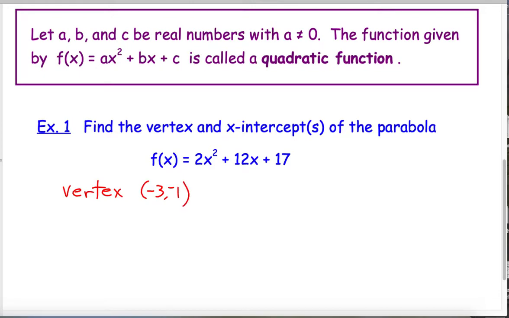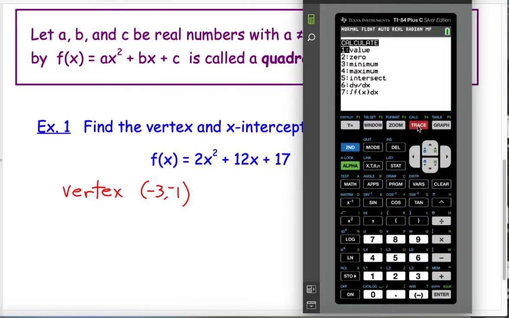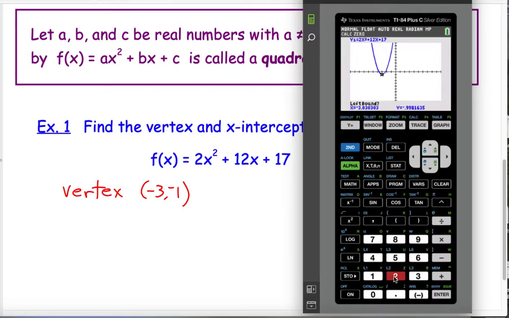Now the x-intercepts I can also do on the calculator. I'm going to press second trace to get to the calculate menu. An x-intercept is a 0 of the function, so I'm going to choose number 2. Let's go to the left of that first x-intercept, press enter. Then let's go past it, enter.